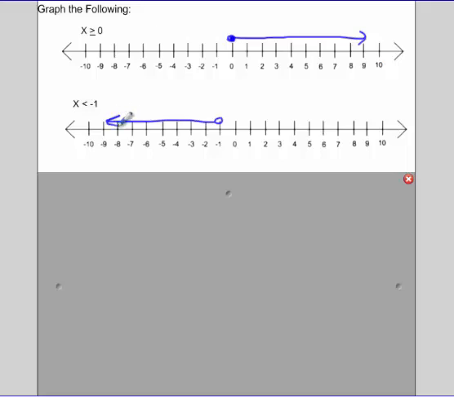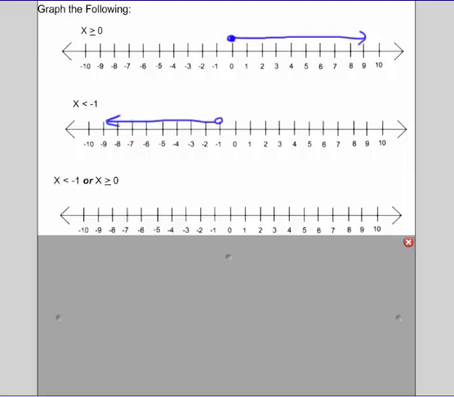Let's combine the two inequalities to make a compound inequality with or. X is less than -1 or x is greater than or equal to 0. To graph an or inequality, you combine the graphs of each of the individual inequalities. Use an open circle at -1 with an arrow to the left and a closed circle at 0 with an arrow to the right.